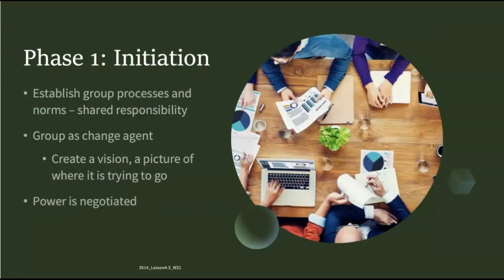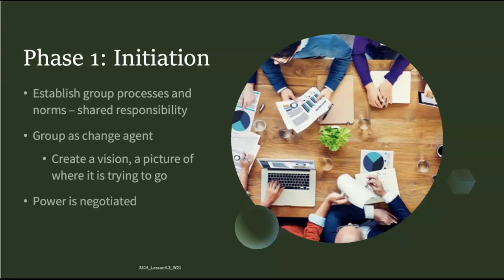So with the team established and the issue or condition to be changed identified, through team collaboration, the group turns its attention to establishing group processes and norms. They accept shared responsibility for the team process and shared decision-making.